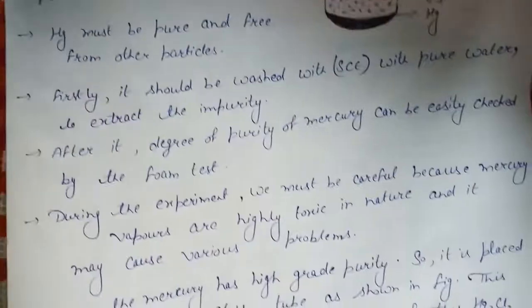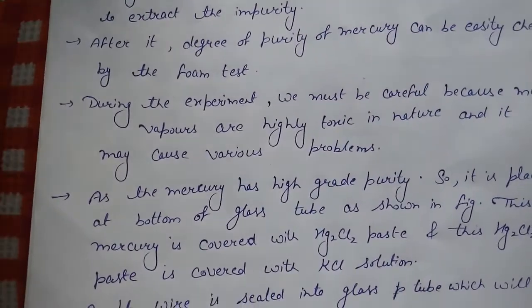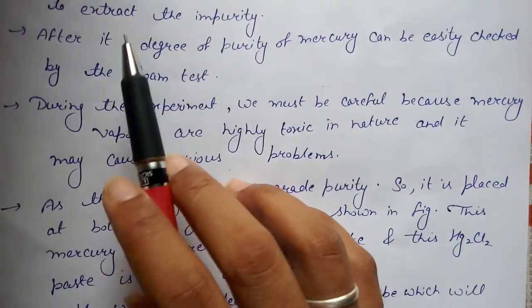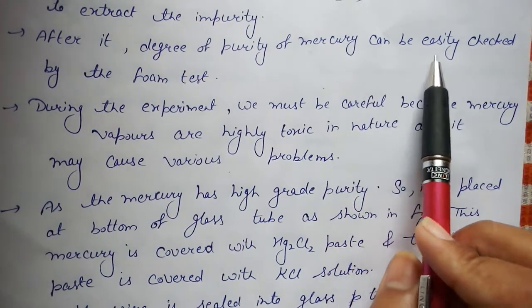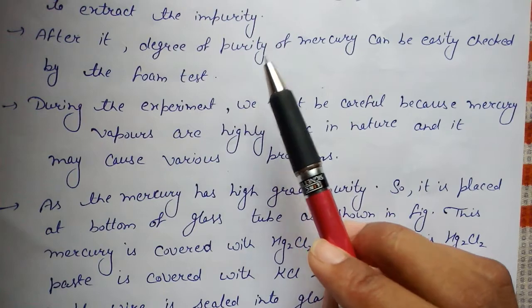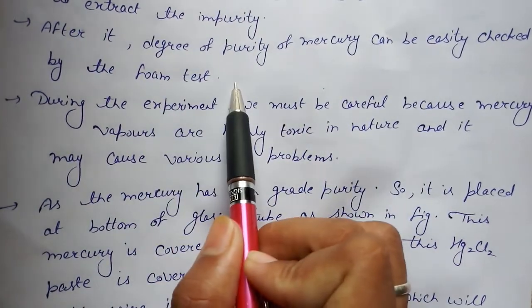After that, the degree of purity of mercury can be easily checked by the foam test. So you have to remember that purity of mercury is generally checked by the foam test, right?